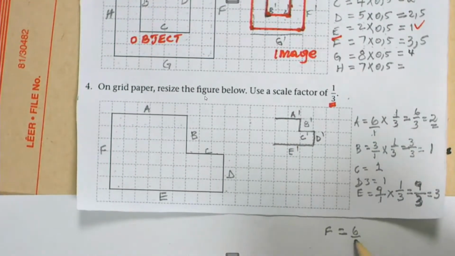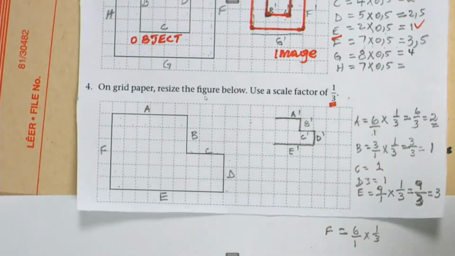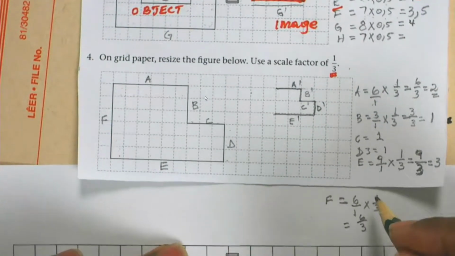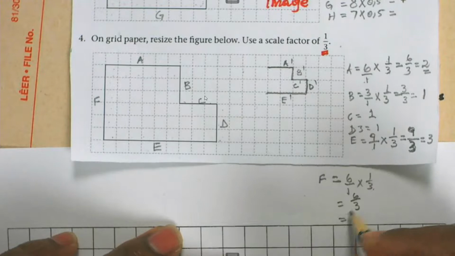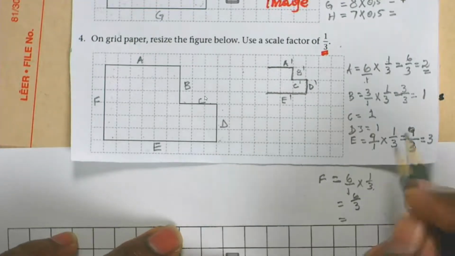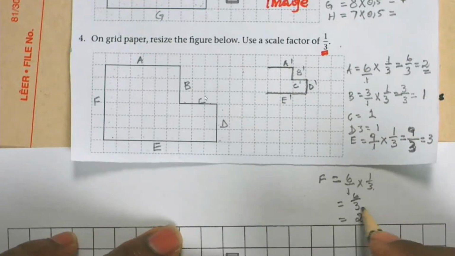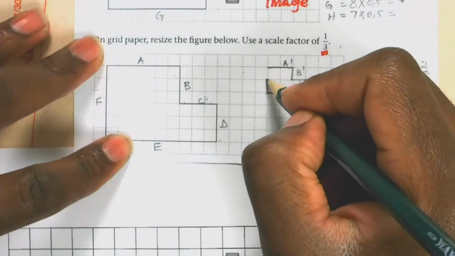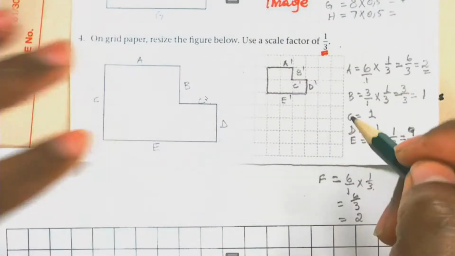Therefore, it's going to be 6 over 1 multiplied by a third, which will then be 6 multiplied by 1 is 6. Over 1 multiplied by 3 equals to 3. Therefore, 6 divided by 3 equals to 2. 3 goes into 6 2 times. So it will be 1, 2 blocks. Right.